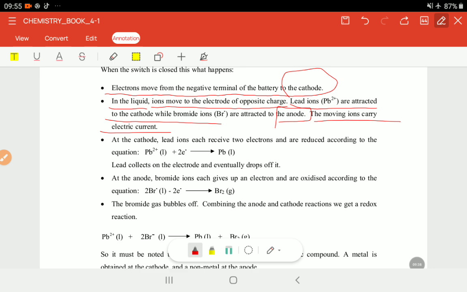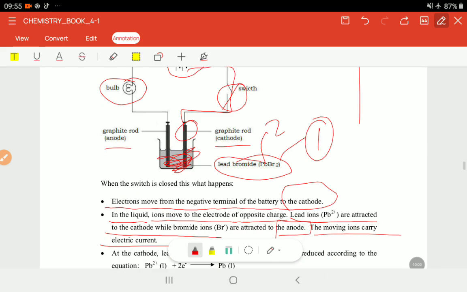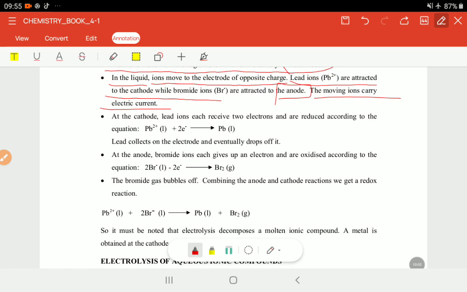Lead is Pb2+, okay? It is attracted, because don't forget that the electrons are moving from the negative terminal to the negative electrode. So if Pb2+ comes and reaches that cathode, it will receive these electrons that are coming.